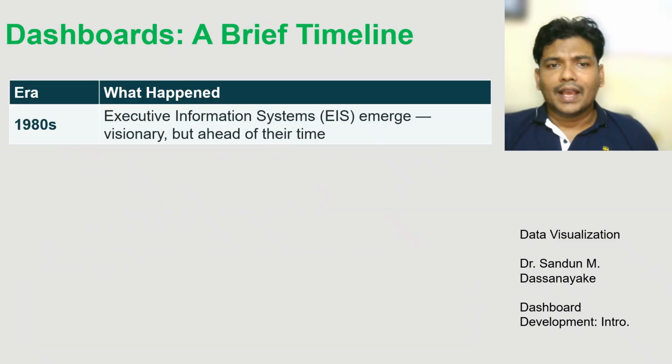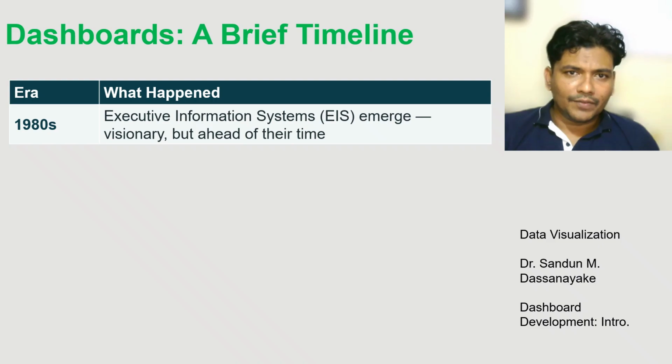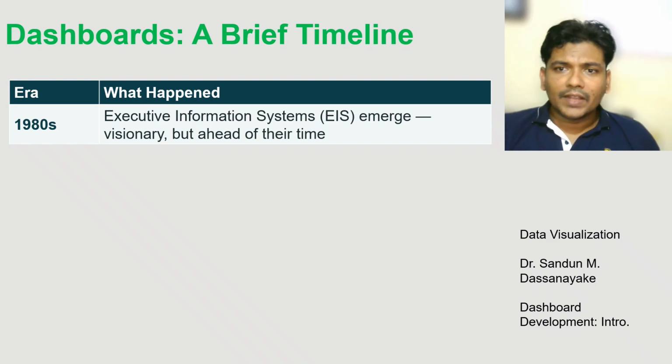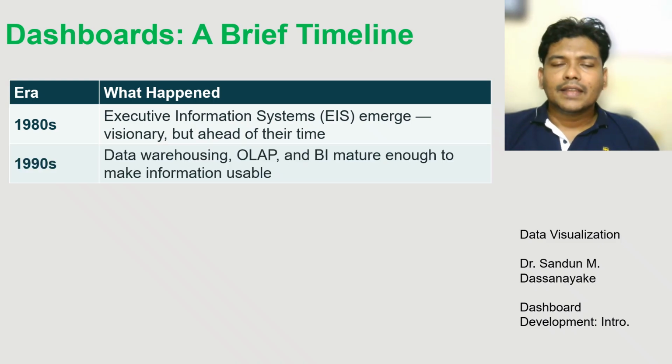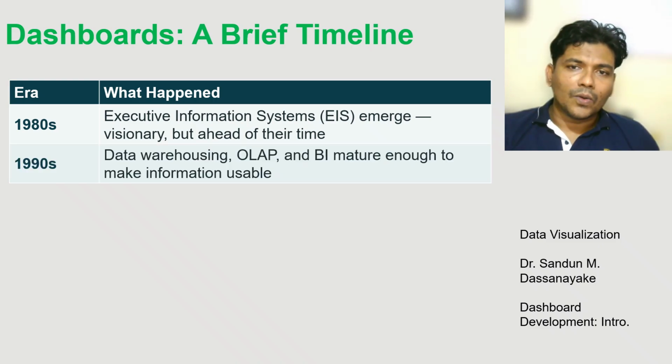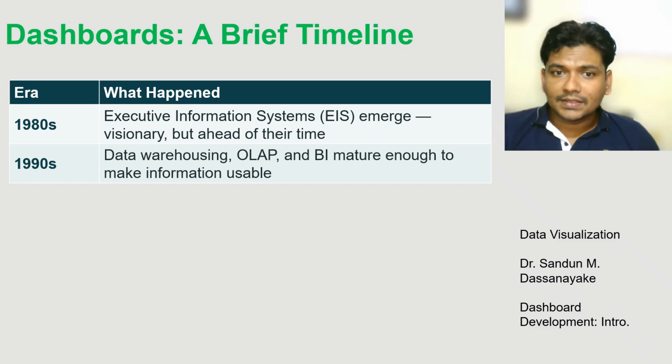Let's look at what happened, the timeline of dashboards. In 1980s, Executive Information Systems or EIS emerged. They are visionary but ahead of their time. In 1990s, data warehousing or OLAP and business intelligence mature enough to make information usable.